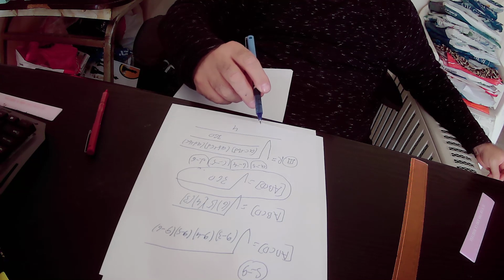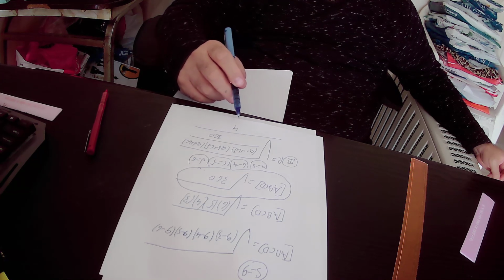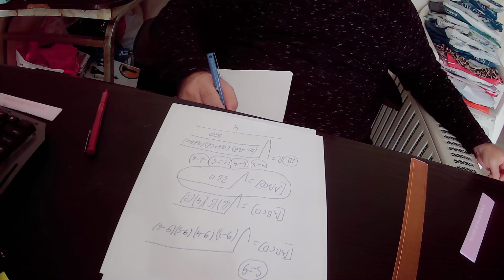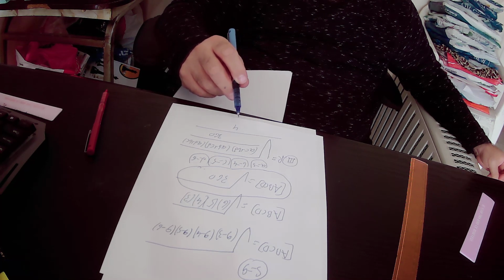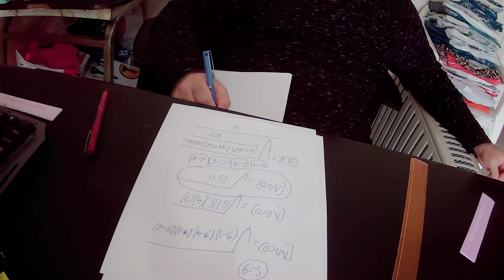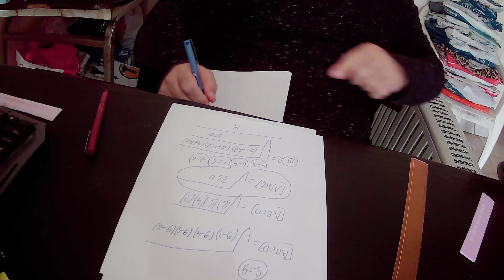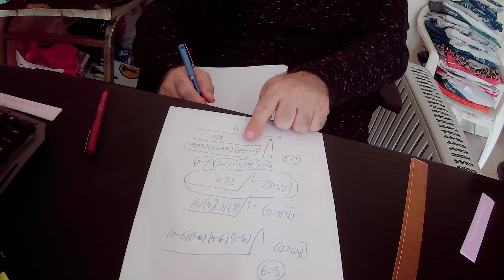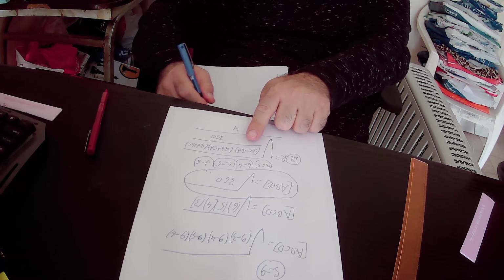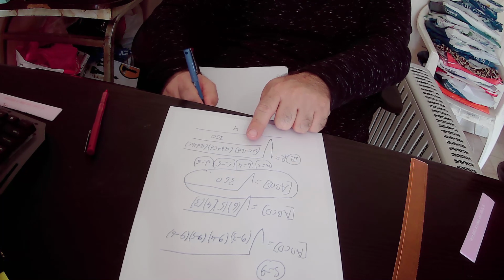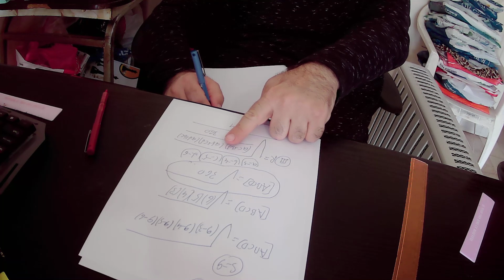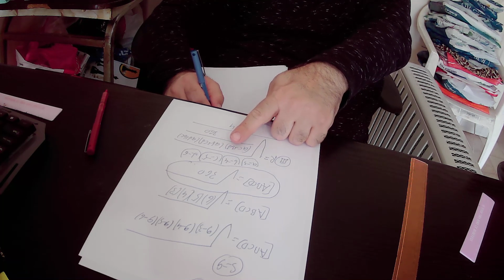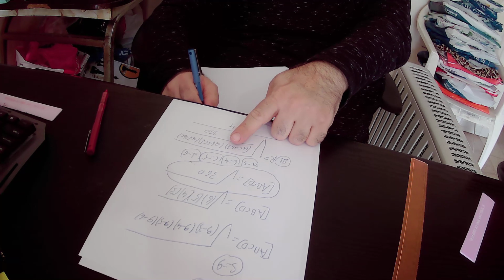AC, A equals 3, C equals 5, so 3 times 5 is 15. Plus BD. B equals 4, D equals 6, so 4 times 6 is 24. Plus AB. A equals 3, B equals 4, so 3 times 4 is 12. Plus CD. C equals 5, D equals 6, so 5 times 6 is 30.